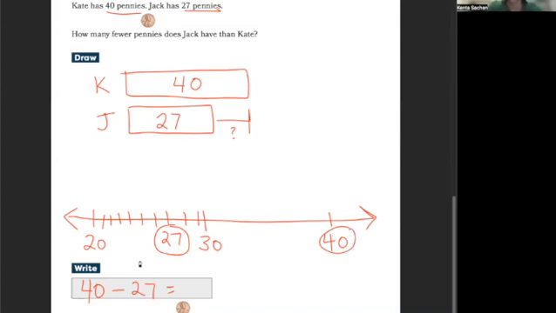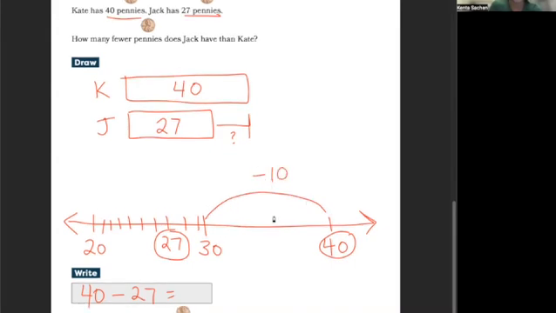Okay, so now let's do our subtraction. Okay, you're going to start at 40, count how many times you need to go back to get to 27. Go. All right, so starting at 40, you could take 10 small jumps or take one big jump, right?